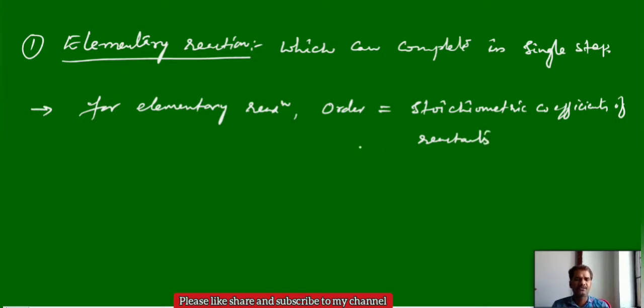If you want to say individual order, we can take the individual stoichiometric coefficient, and if you want the total order, we have to take the sum of all the stoichiometric coefficients of the reactants.